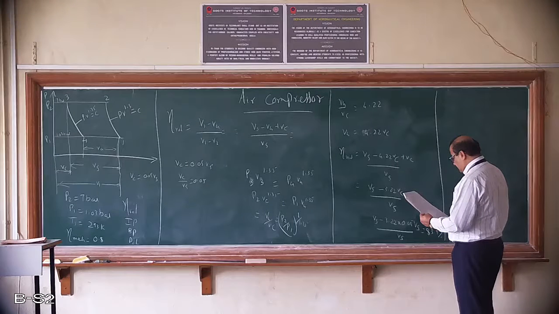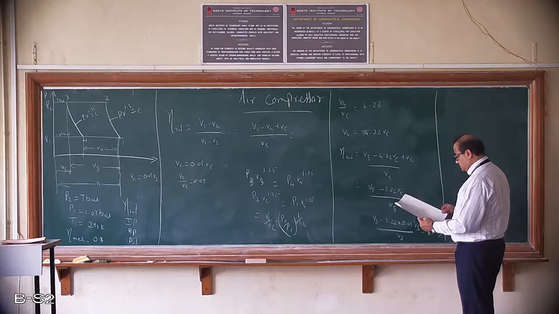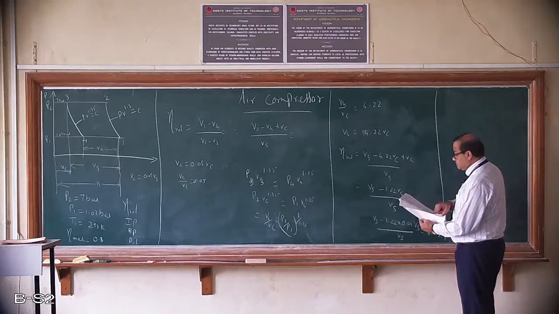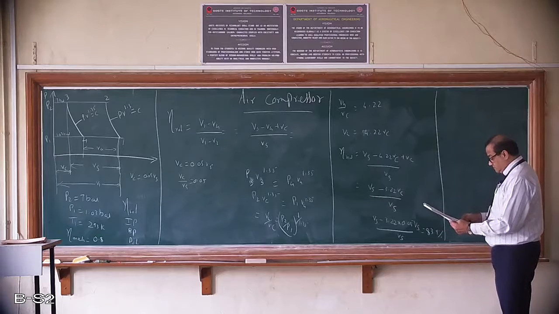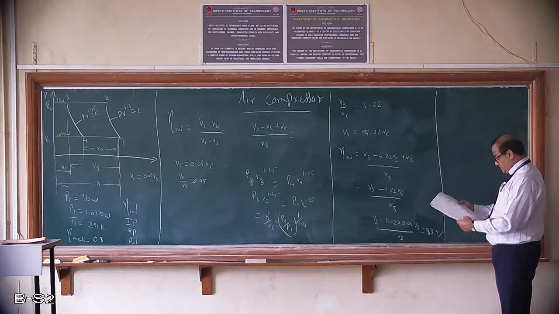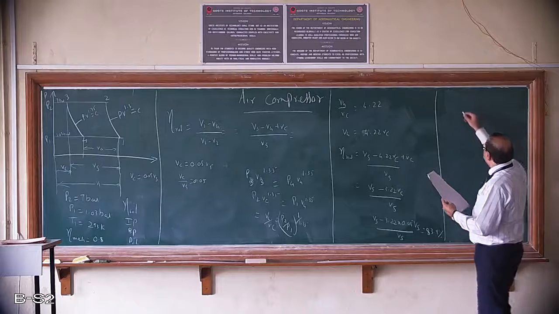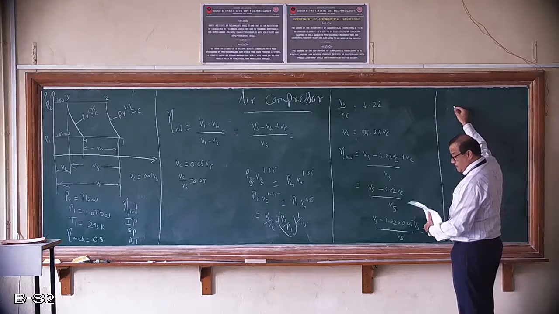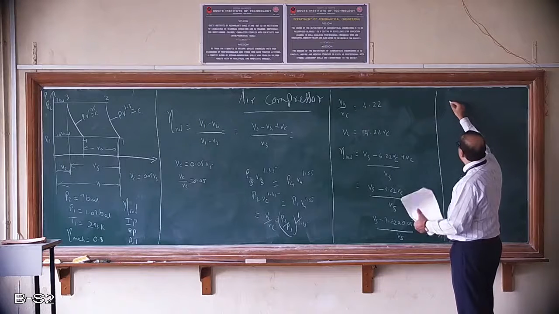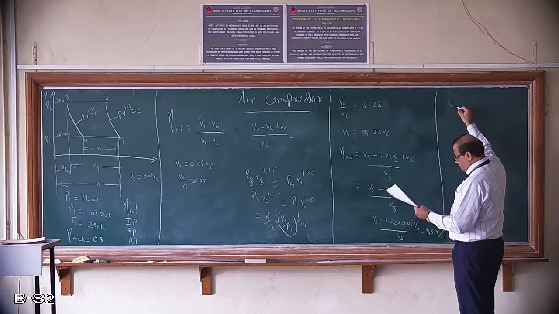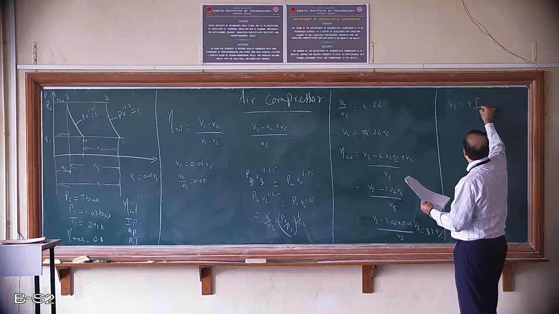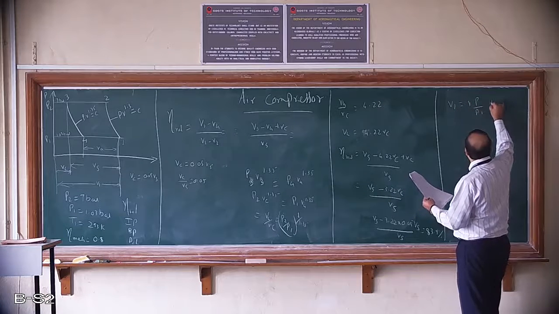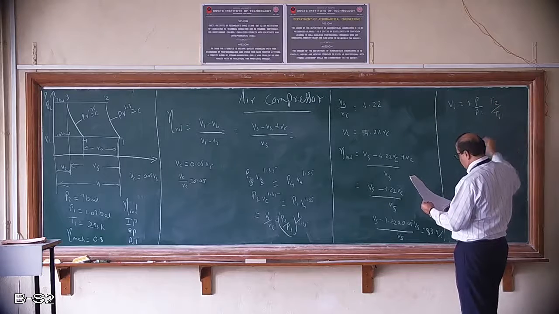Work done is... so before that we should understand how to calculate V1. We need V1 here. So V1 is equal to Vp by P1 into T2 by T1. Okay.